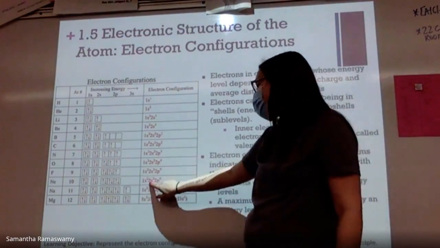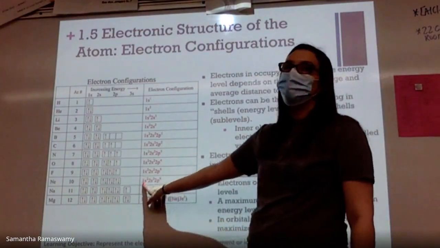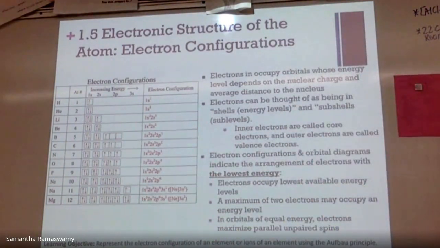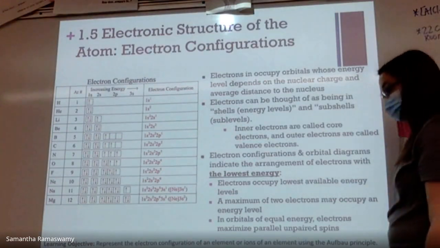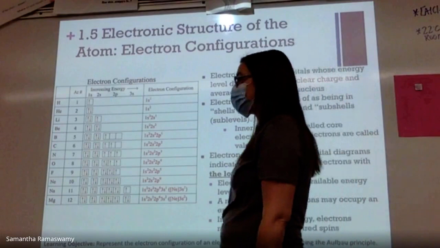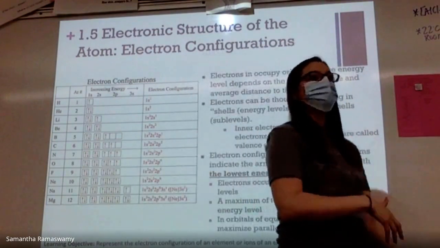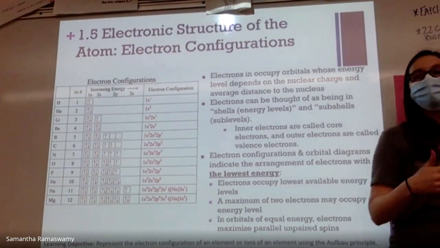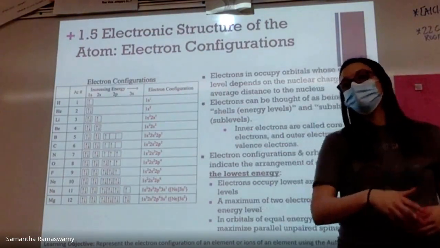So it has 8 valence electrons and 2 core electrons. Whatever is not valence is core. If you have a transition metal, like 4s2 3d10, it's your highest value of n that are your valence electrons. So those are the first ones to go.